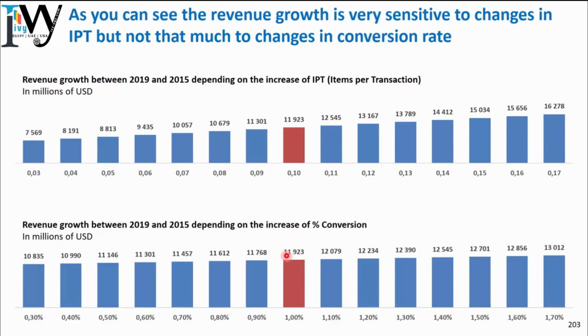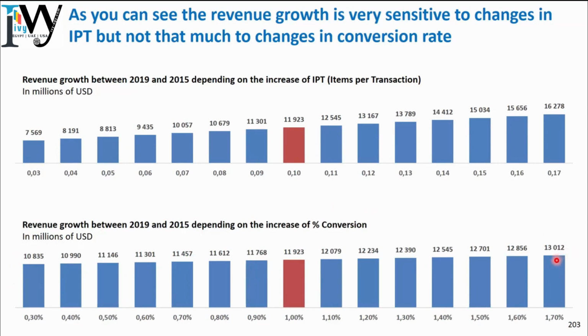And when you look at the same revenue growth between 2019 and 2015, where the starting point obviously is the same as we had here, but with respect to the changes in the conversion growth, you can see that it's not that sensitive, because in the worst case we go down to 11 million and in the best case we go up to 13 million.